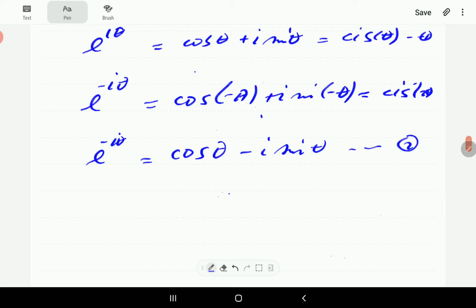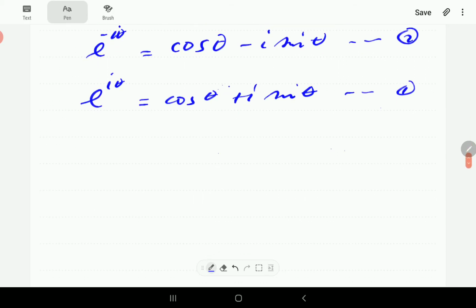So let's call this equation 2. Just going to bring down equation 1 here for convenience. Now notice if we add these two, so if we do 1 plus 2, then the sine terms are going to fall off.